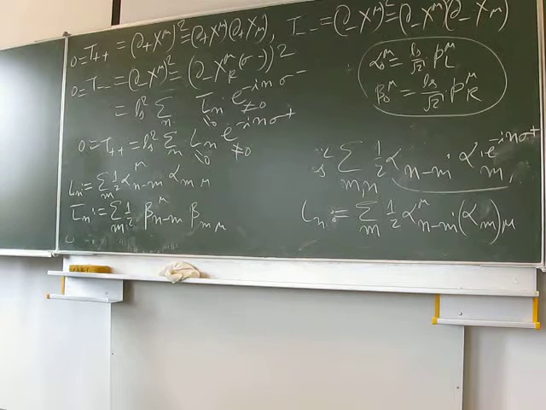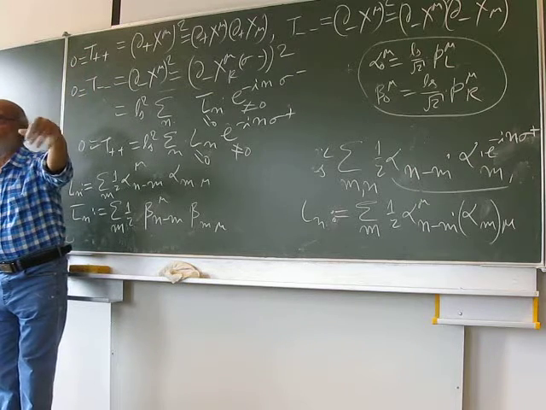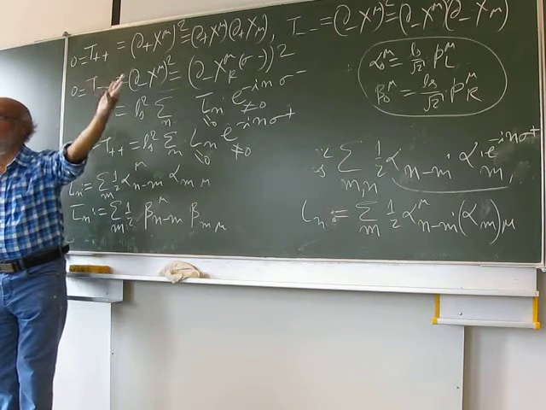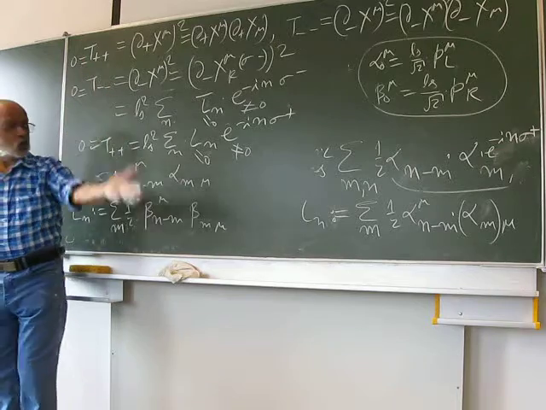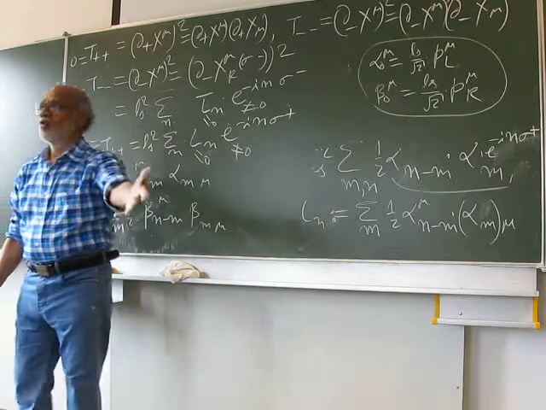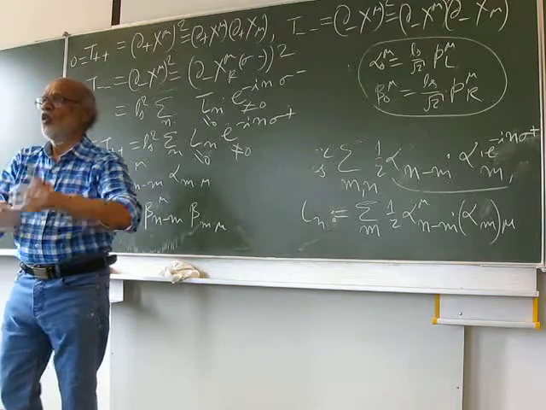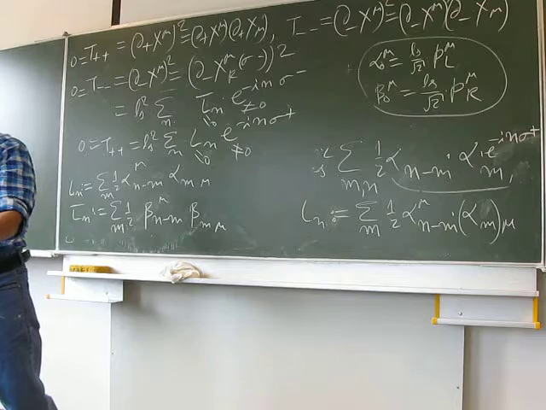So L n is going to be 0, L n bar is going to be 0, and n goes over all values, including 0, minus 1, minus 2, minus 3, minus infinity, plus 1, plus 2, plus 3, plus infinity. So they give us an infinite number of constraints on the theory, these Virasoro operators, and they obey a certain algebra which is called Virasoro algebra.